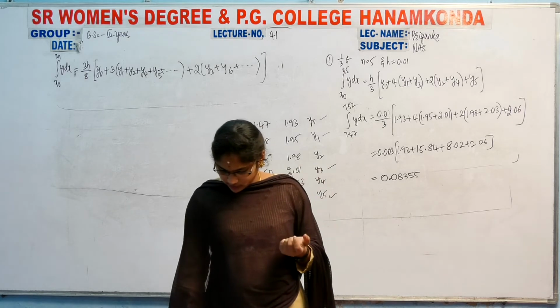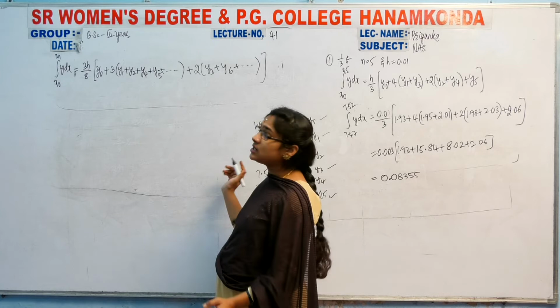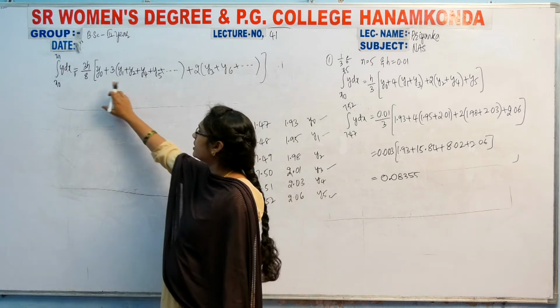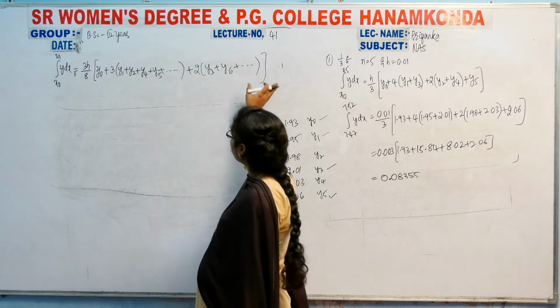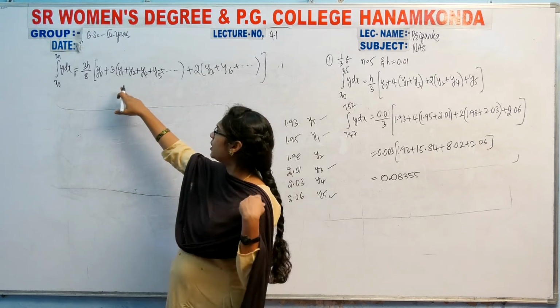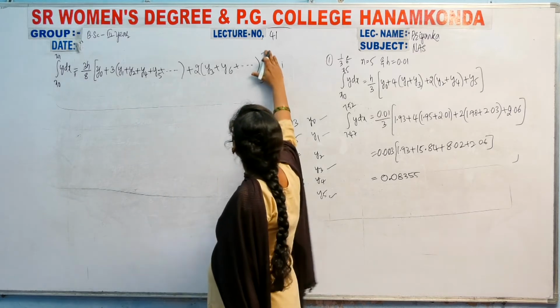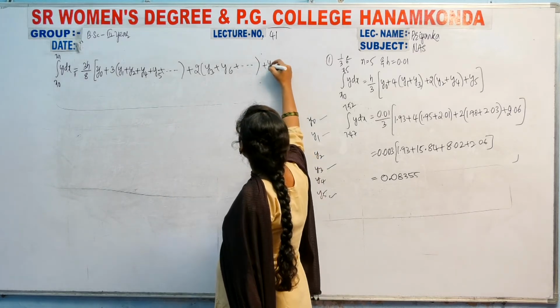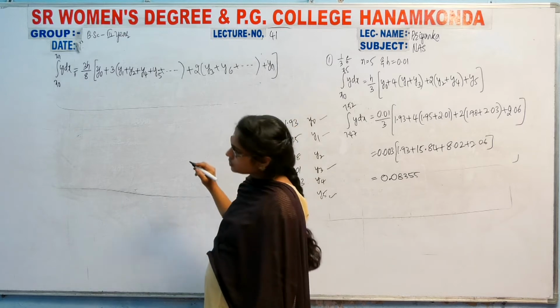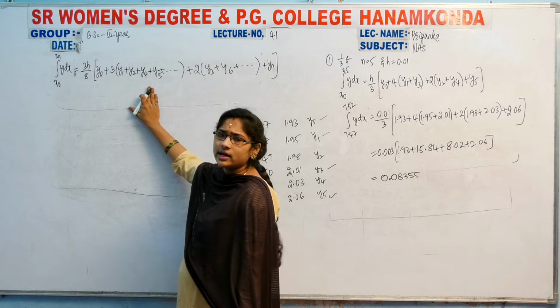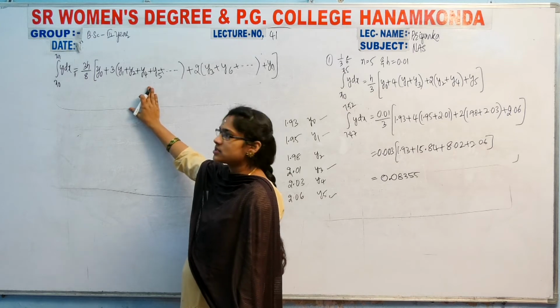So now here simply what you have to remember, for Simpson 3/8: 3 of all values. y0 will be the first value and the next value will be 3 of y1 plus y2 plus y4 plus so on, and of course here what we get last value will be yn. Okay, so now here y0, yn finish, and here we will get all the values except 3 multiples.